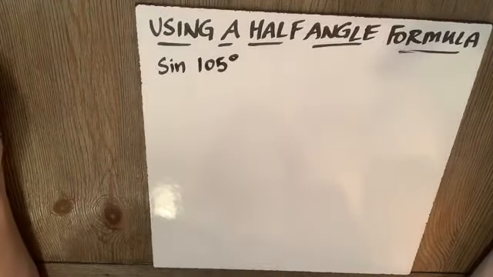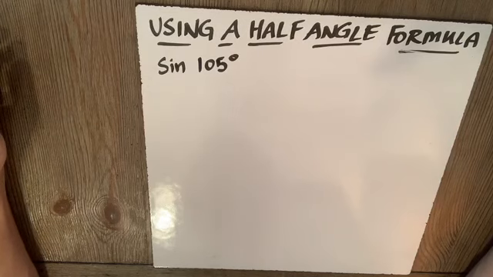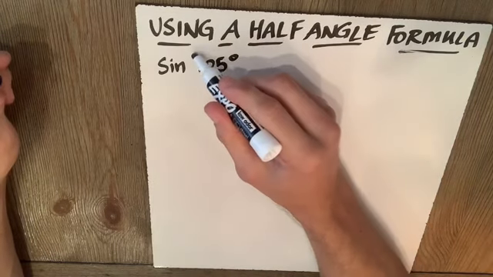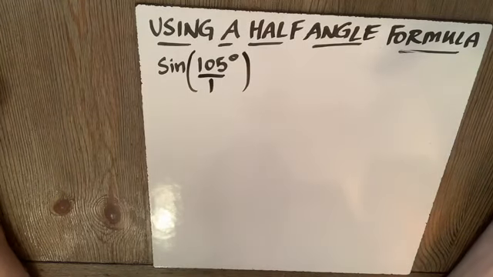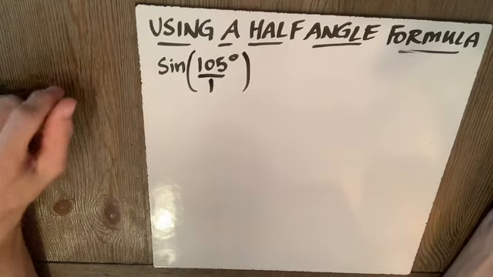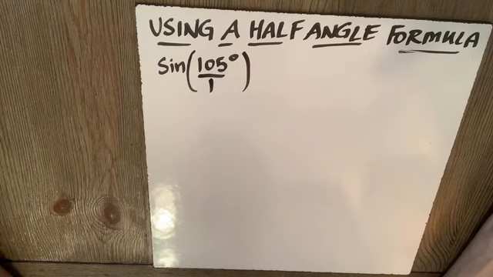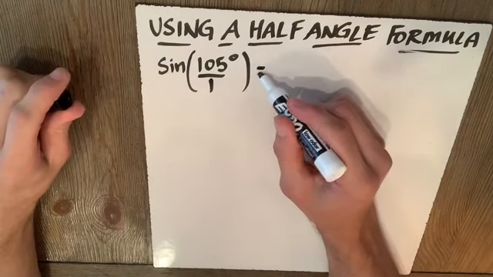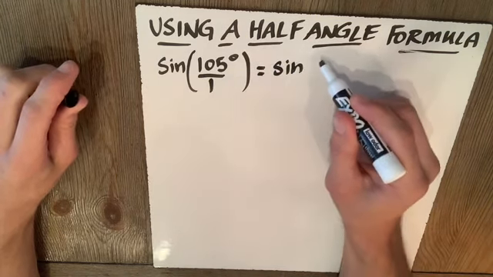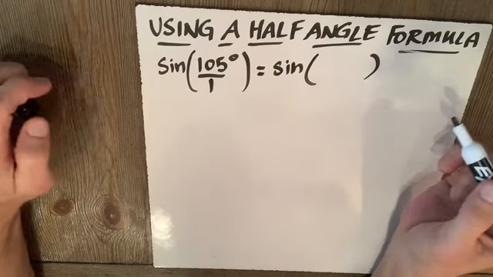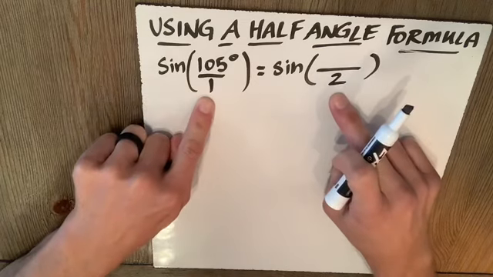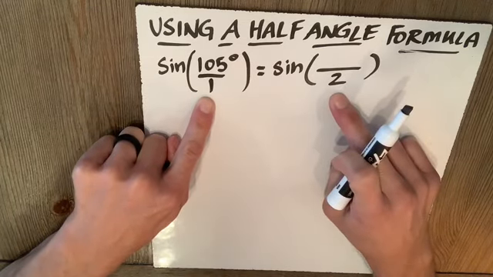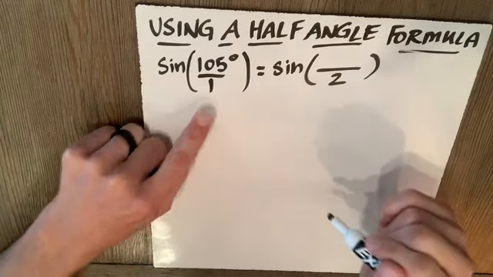So how do we approach this using half angle formulas? Well, this here is 105 degrees over 1. I can't change the angle, but I can change the numerator and the denominator, keeping the angle the same. This is the same as sine of, well, I want to use a half angle formula, right? So I want a 2 in the denominator. So 1 times 2 is 2.